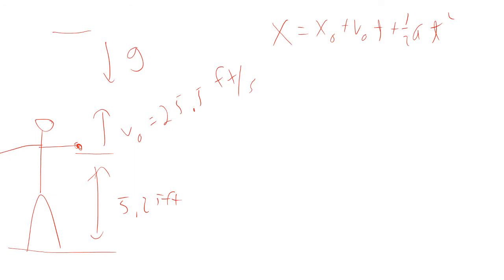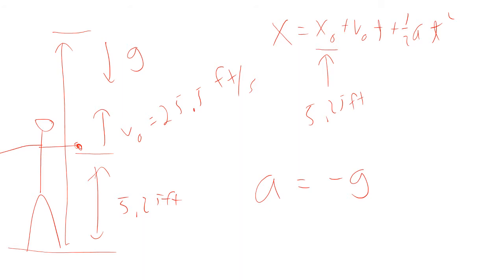If I want to know the height from the ground, x naught is going to be 5.25 feet. Okay. And then the acceleration is going to be minus g, because if up is positive, then the acceleration is down, so that's negative.